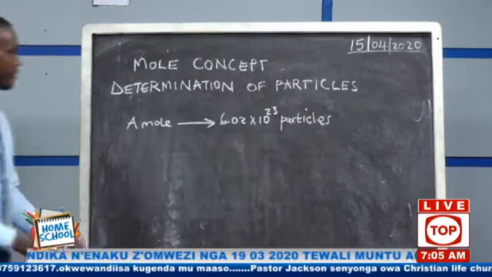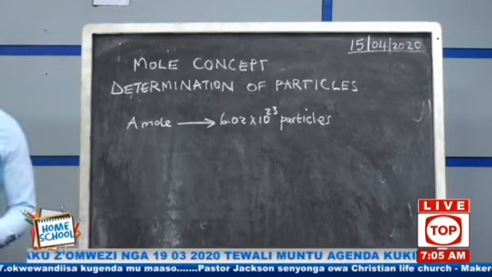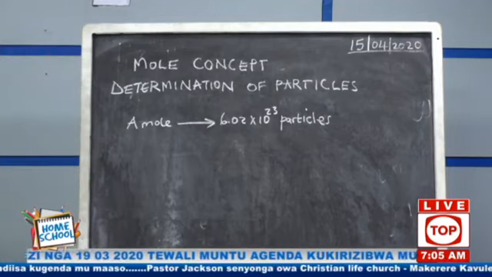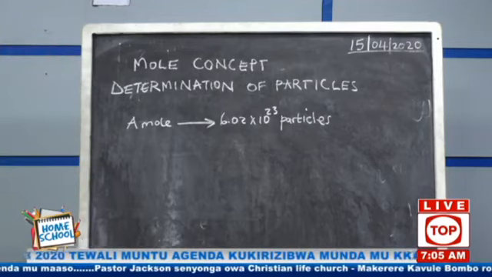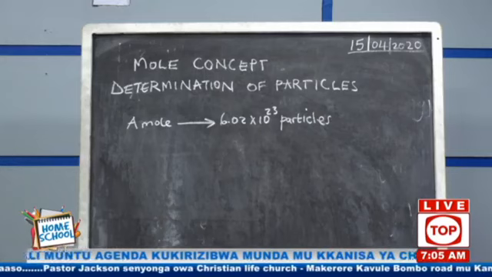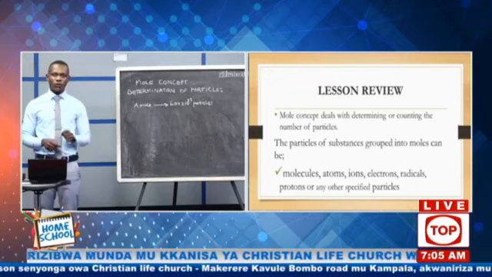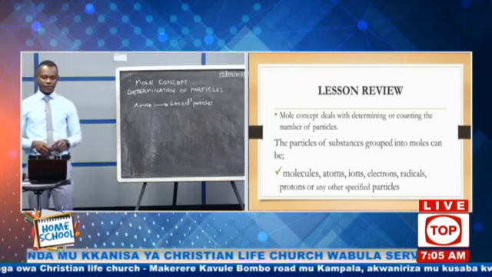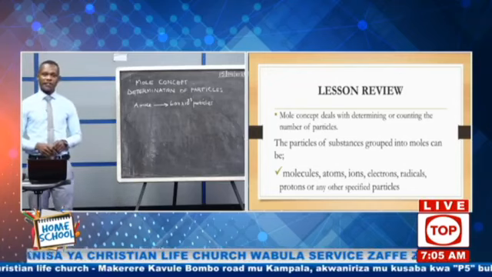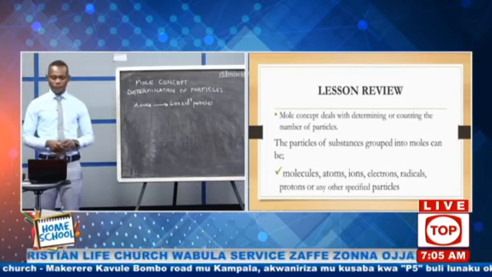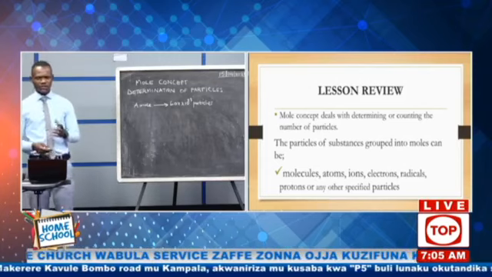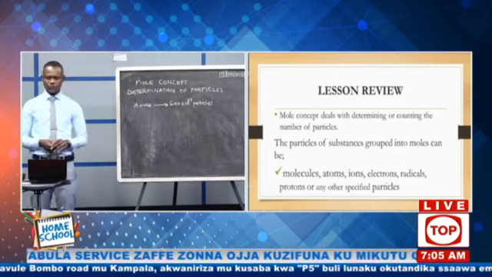We said that 1 mole equals that number, and that's where we got our definition from. We also looked at molar mass, and we said it's the mass of 1 mole of a substance. We also looked at a term called relative atomic mass, and we didn't define it yesterday.